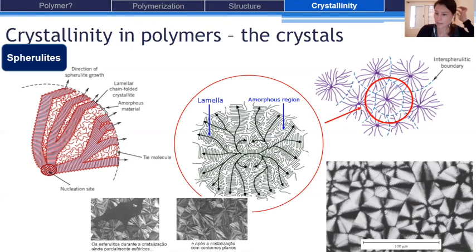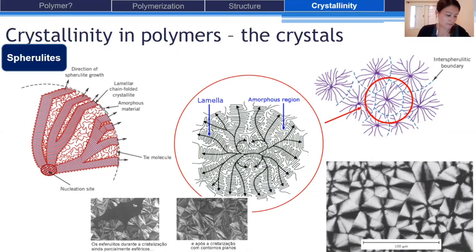And these lamellas will branch. Between these lamellas, we will find amorphous portions. So it is part of the chains or some polymeric chains that are not ordered. And so it forms the amorphous part of the semi-crystalline polymer.